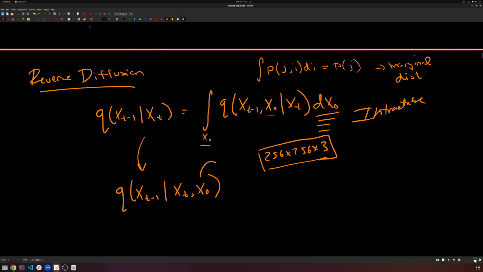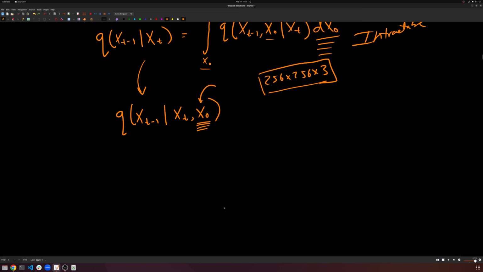If we condition on x0 as well, which is our input image, we compute xt to xt minus 1 for a specific x0, rather than all the possibilities x0 could be. This is why learning the reverse process is only tractable when we add this additional conditioning on x0. Otherwise, it's not possible to solve.